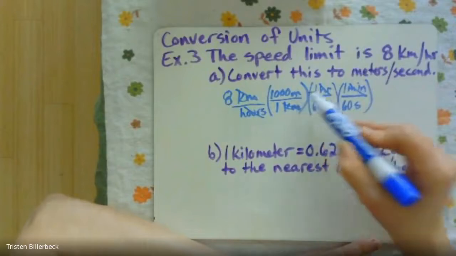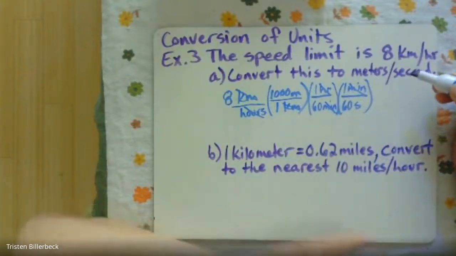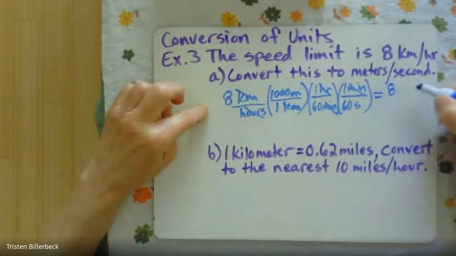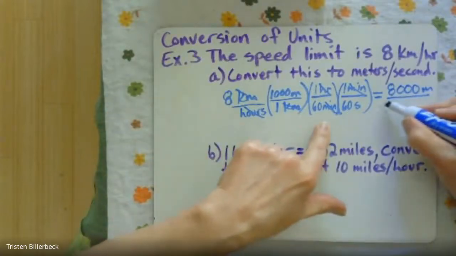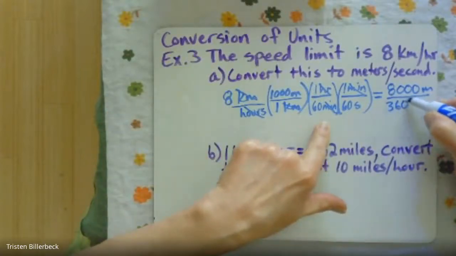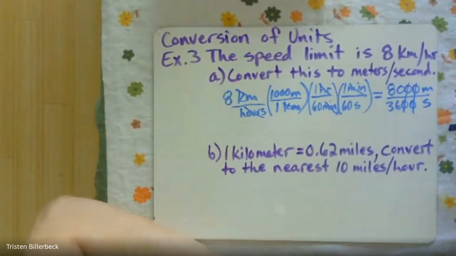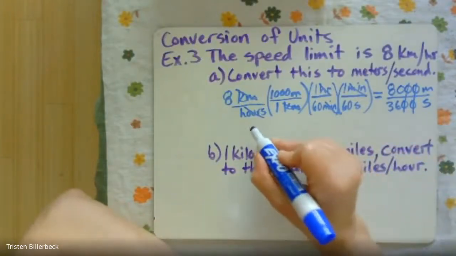And now we're down to meters and seconds. So we have 8,000 meters on the top, and on the bottom we have 3,600 seconds. So we can cancel those two zeros out, and now we reduce. So what is 80 divided by 36? Well, let's see.